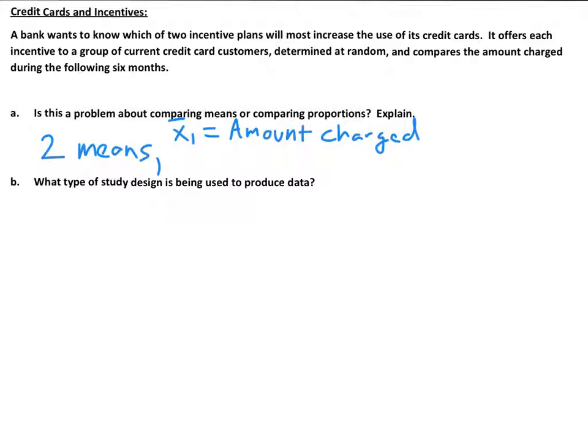I should have put average on there, the average amount charged on plan 1. Right? X bar sub 2 would be the average amount of money charged to the card on plan 2. Okay?